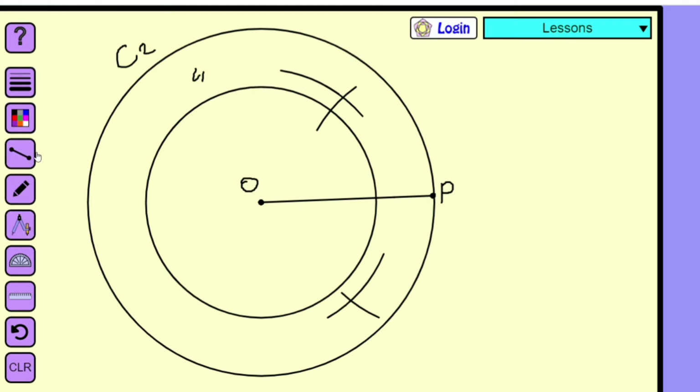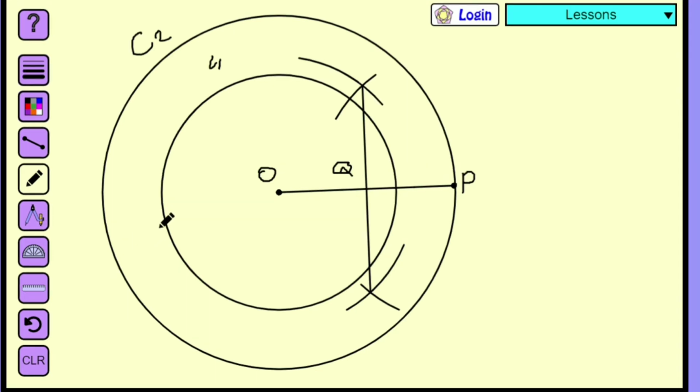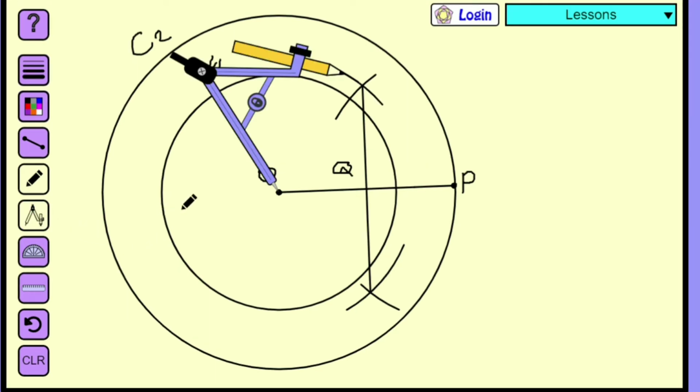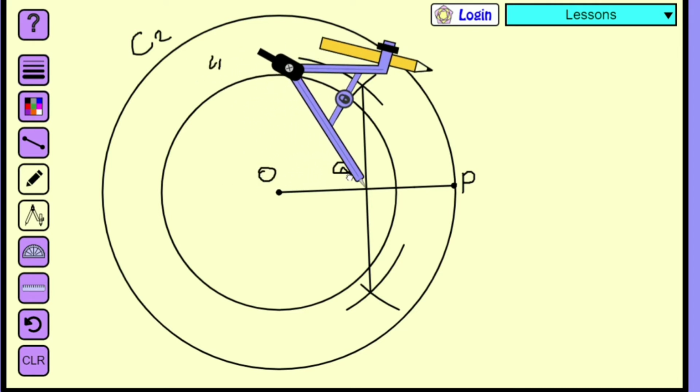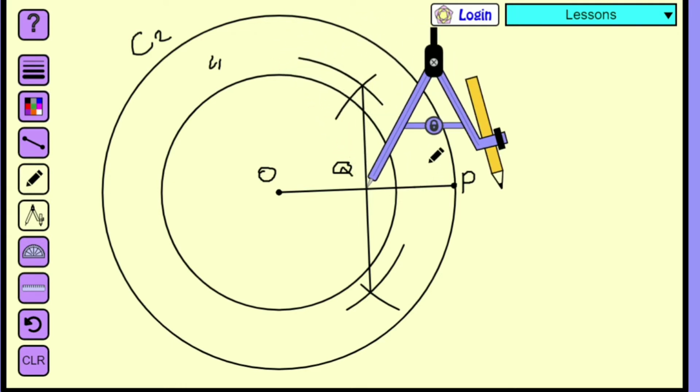Now join these points. Let the point be Q. With Q as center and OQ as radius, draw a circle. OQ or QP as radius.